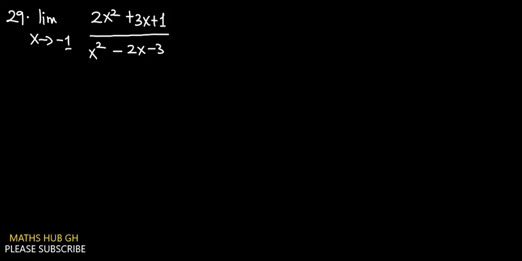Now let's focus on the numerator. For the numerator we have 2x squared plus 3x plus 1. What you're going to do is consider these two here, then this one, and multiply the two. That's going to give us what? 2, right? Because 2 by 1 gives 2. So you are going to find two numbers that you can multiply to get 2 and add to get this 3 here.